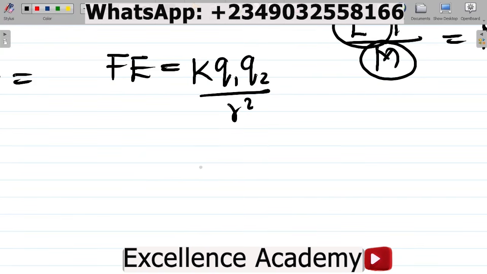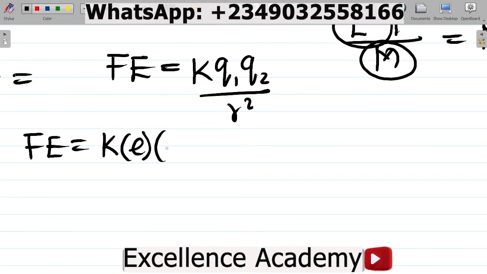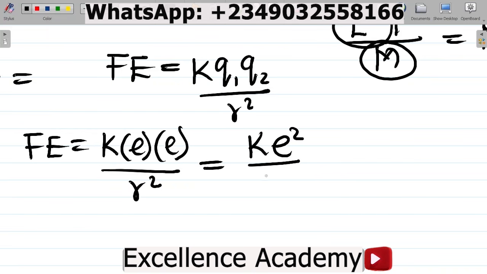The question said each has charge E, so I'll change Q1 and Q2 to E and E. So Fe is equal to K, first charge E, second charge E, all over R squared. Multiplying this becomes K E squared all over R squared. And don't forget that, as we said earlier, K is equal to 1 over 4 pi E naught.